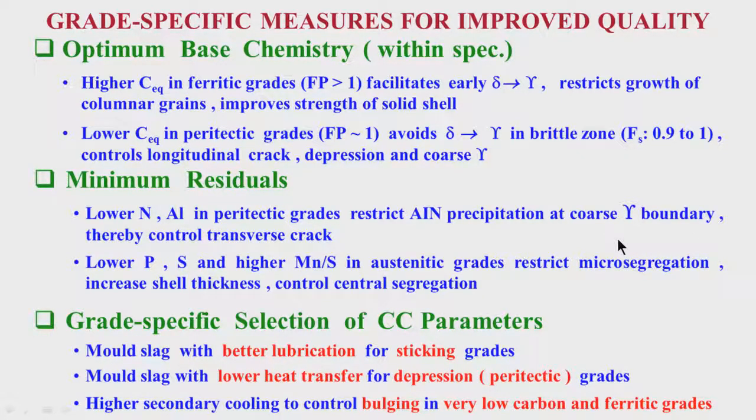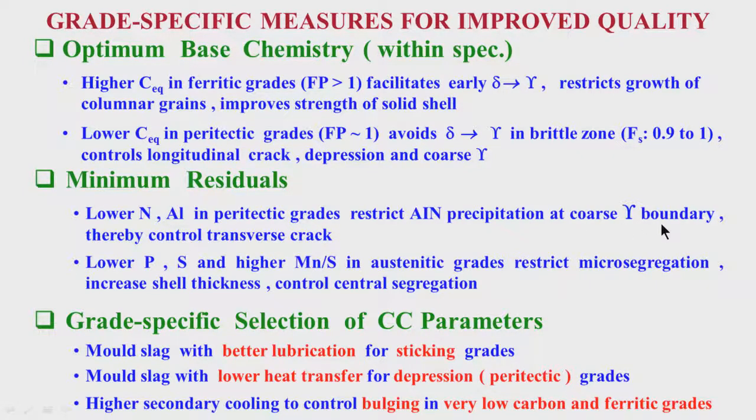So, if you have coarse austenite grains, the grain boundary areas are relatively less, and then there is formation of aluminum nitride or niobium nitride or vanadium nitride. I have talked about this. When do these precipitates of aluminum nitride, vanadium nitride or niobium nitride form? They form around, say, 800, 700 degrees centigrade. If the boundary area is more, the same amount of precipitation will lead to relatively less density of precipitation.